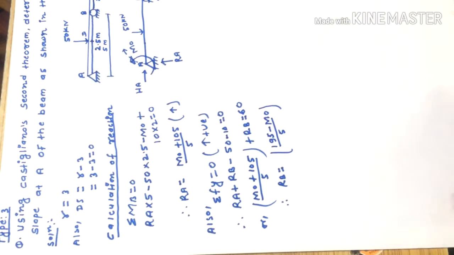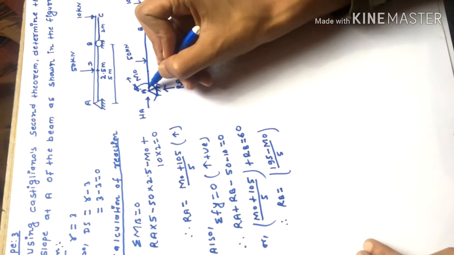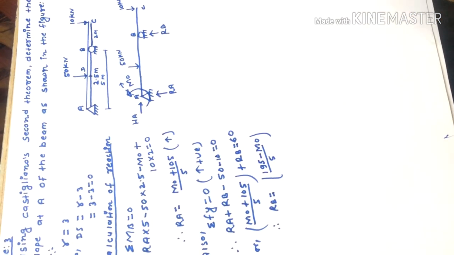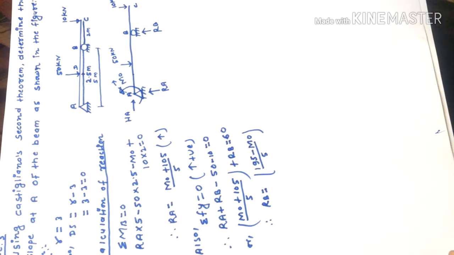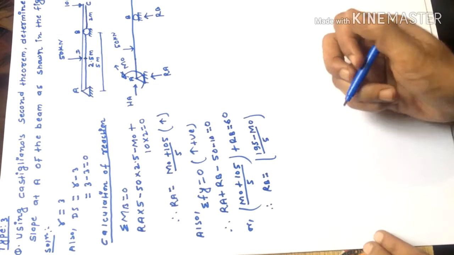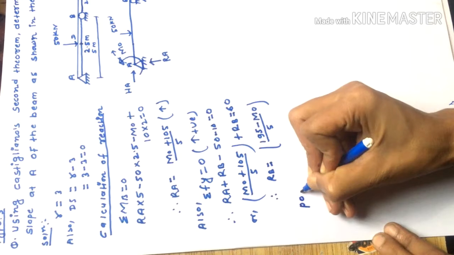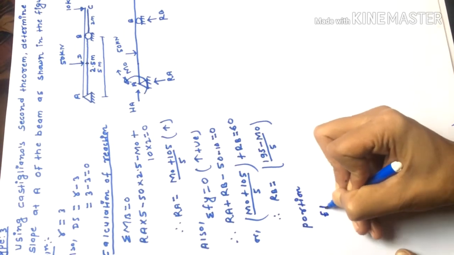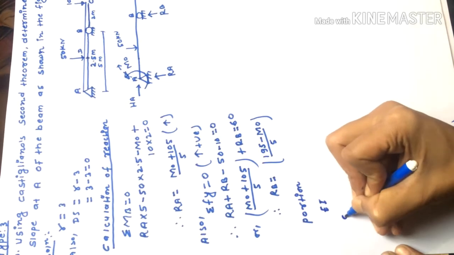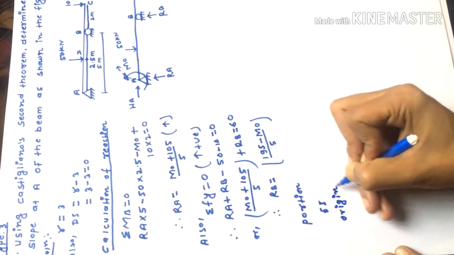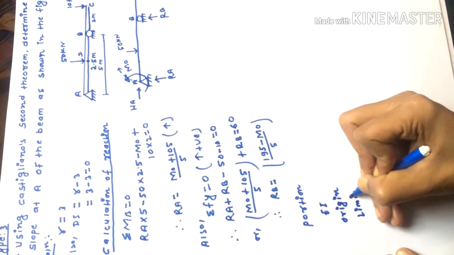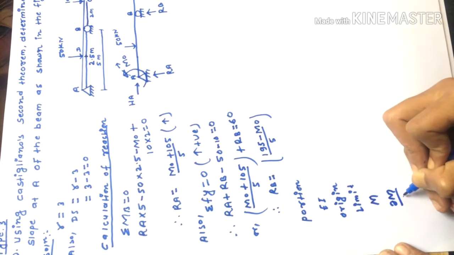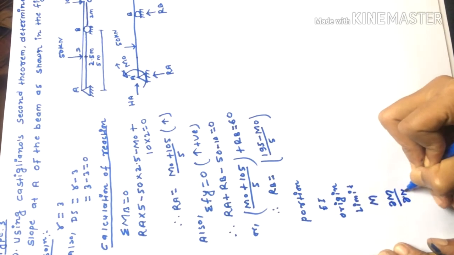In the next step, we have to calculate the slope at point A. So according to Castigliano's second theorem, let us analyze the calculation in a table. First portion, next EI, origin, limit, M, del M by del m0.